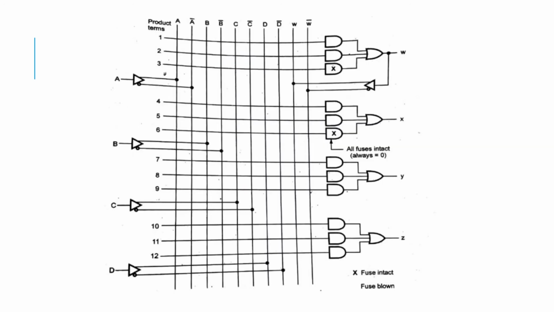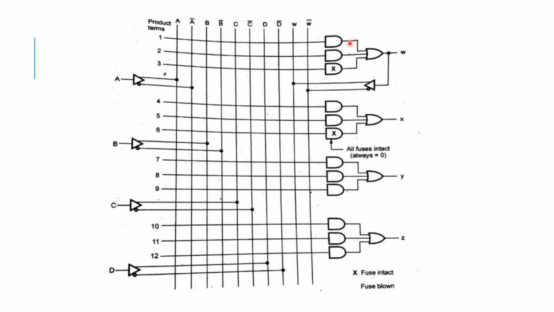Look at this diagram to understand what PAL is. This is a picture of a PAL with 4 inputs A, B, C and D and 4 outputs W, X, Y and Z with a 3-wide AND-OR structure.